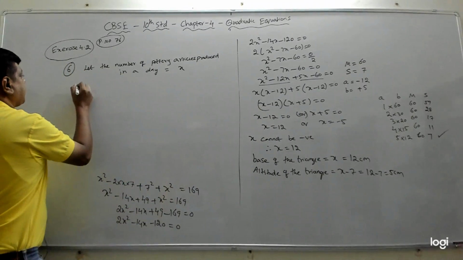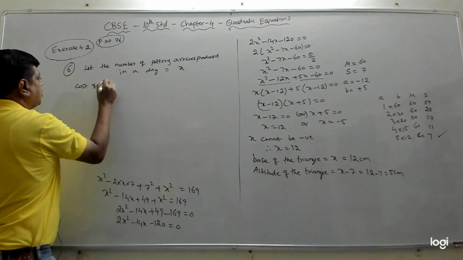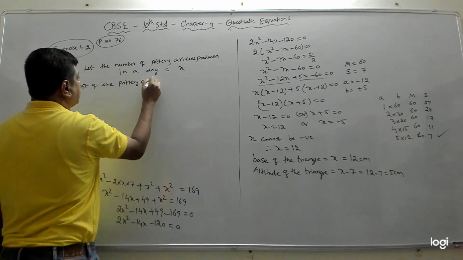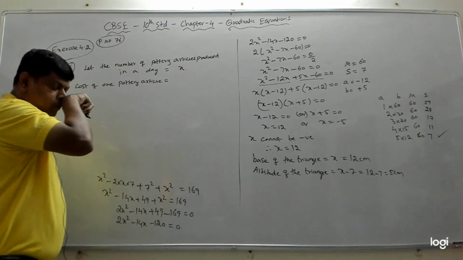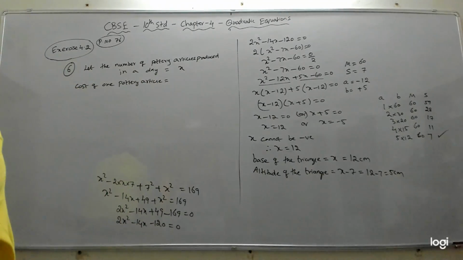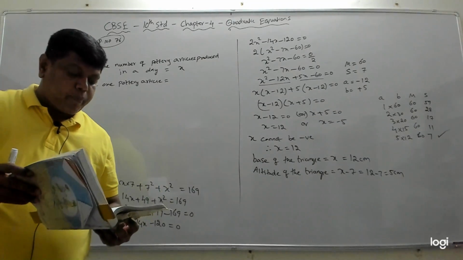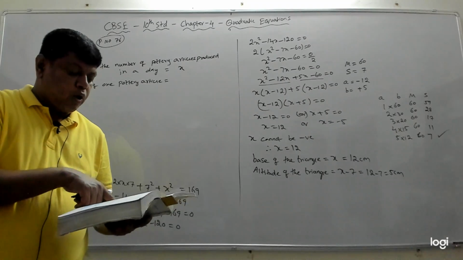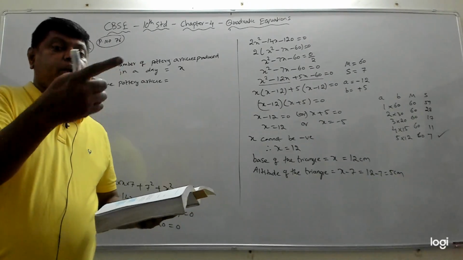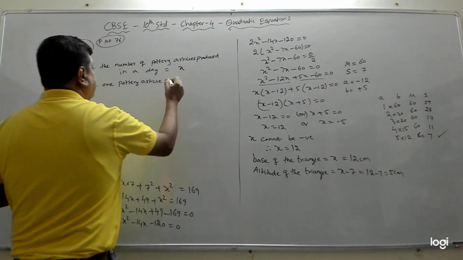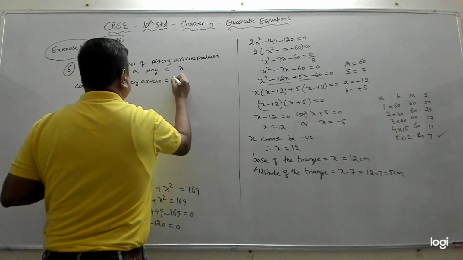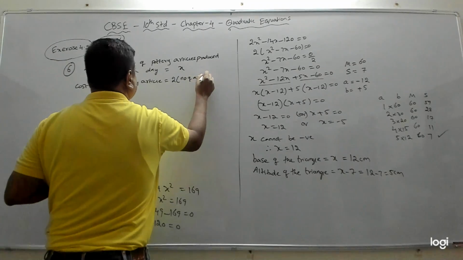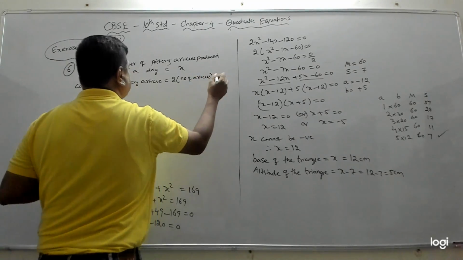Now what is the cost of the article? Cost of one pottery article is given as what? It says that it was observed that on a particular day the cost of production of each article, which means one article, was 3 more than twice the number of articles. 3 more than twice the number of articles means 2 times the number of articles plus 3.